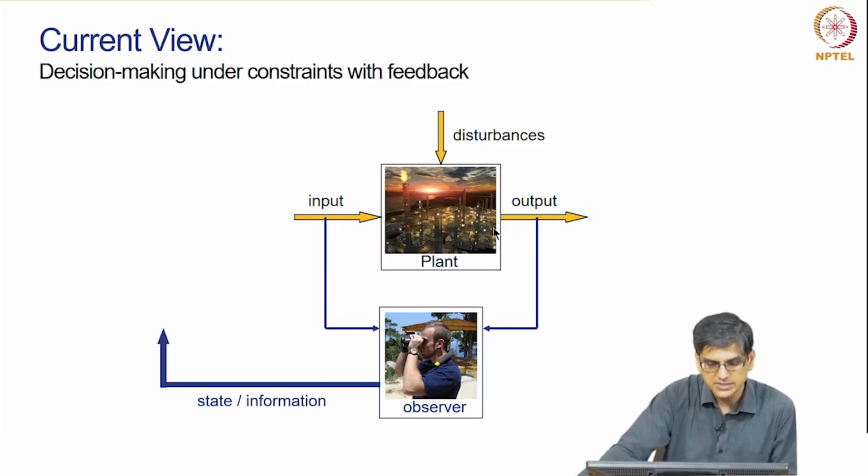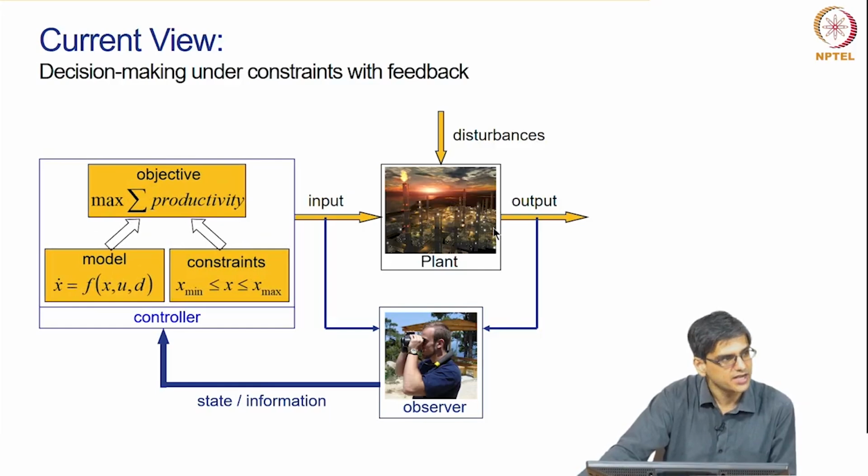Based on the information state and the model, and based on an objective function that you have defined, MPC will optimize the control moves. Based on this optimization, you will implement a particular control move and go on into the future.